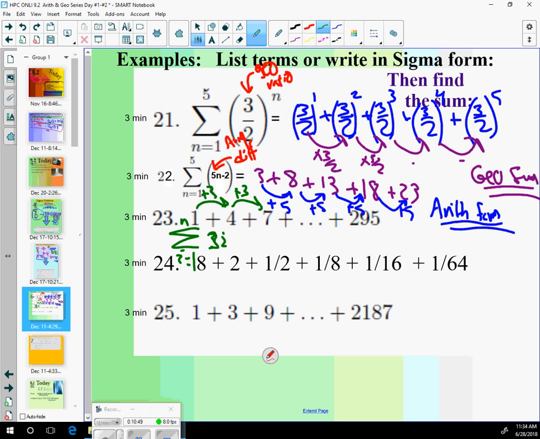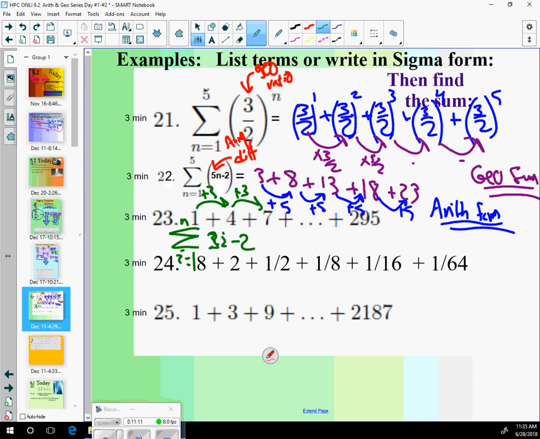Then what I do is I put in a 1. 3 times 1 is 3. What do I do to get 1? 3 minus 2 will give me 1. And then when I put in a 2, I'll get 6 minus 2 is 4. Put in a 3, 9 minus 2 is 7.